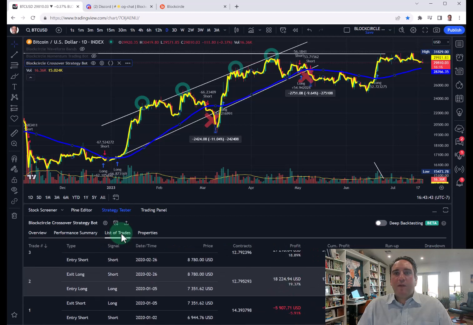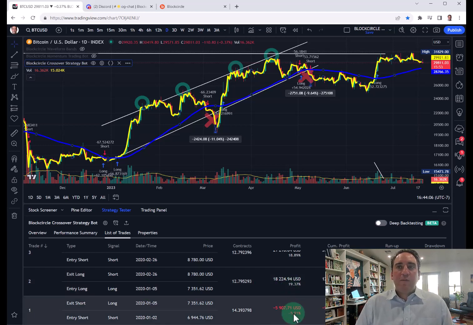If you go all the way to the bottom, you can see that the first trade was on January 2nd, 2020. And then the second trade was a long that was open on January 5th at 7,300. And then it closed at 8,700, right? So after almost holding it for almost 2 months, and it made 19% while the first trade lost 5.9%, right?